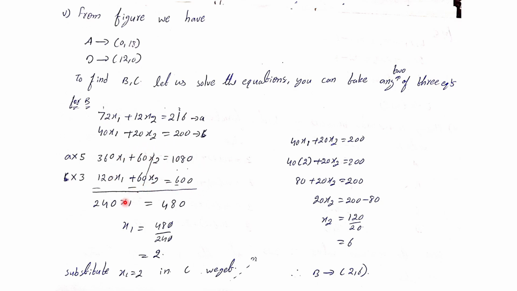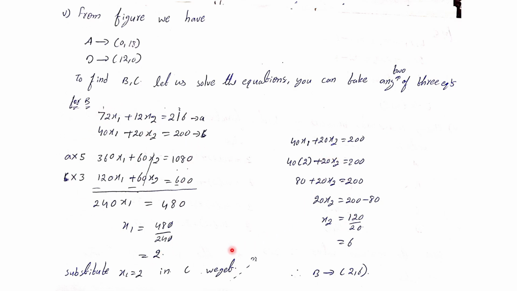You will get 240x1 equals 480. By solving it, you get x1 equals 2. Similarly, substitute this x1 value in C. Here I am taking C; you can substitute it in A also.